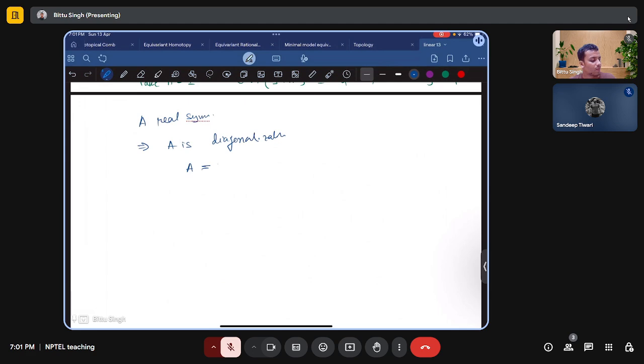In other words, A can be written as PDP inverse, where D is a diagonal matrix.